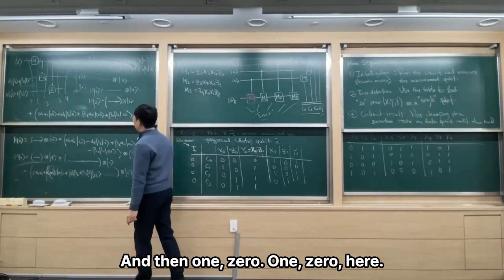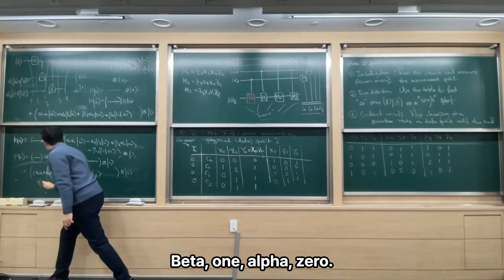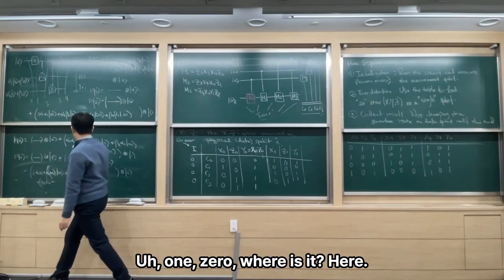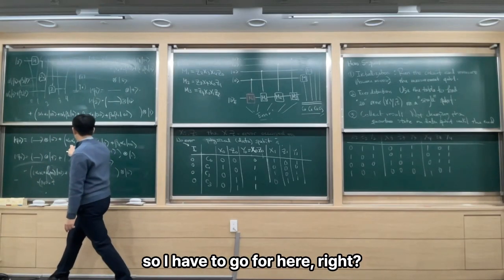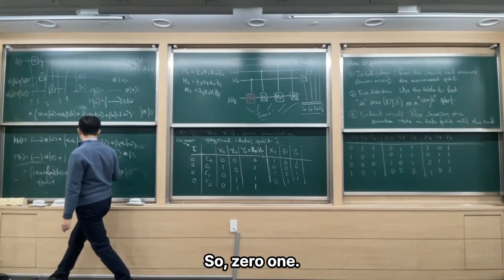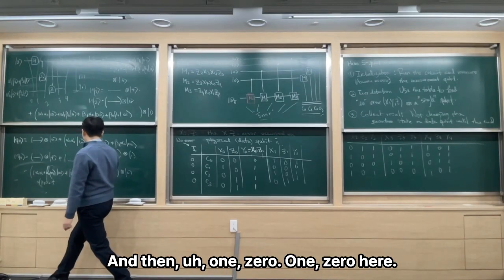And then 1, 0, 1, 0 here, beta 1, alpha 0, 1, 0, where is it? Here. I have to be careful about the negative sign, so I have to go for here, right? So 0, 1 has a negative sign, right? So I have a negative sign here.